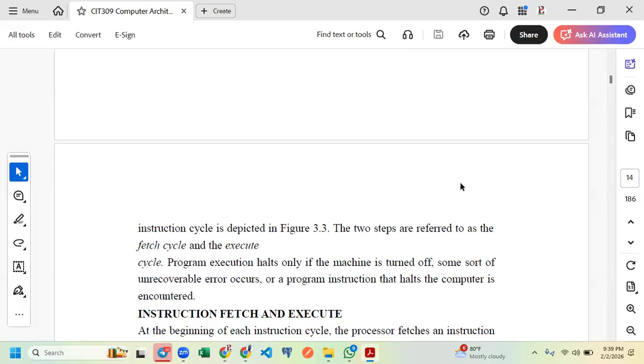Sir, this fetch cycle and the execute cycle, which we refer to as the complete instruction cycle, do these two steps take place in the control unit? The fetch and execute cycle? Everything takes place in the CU.